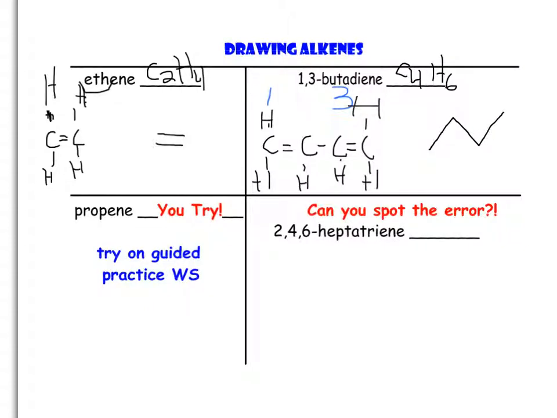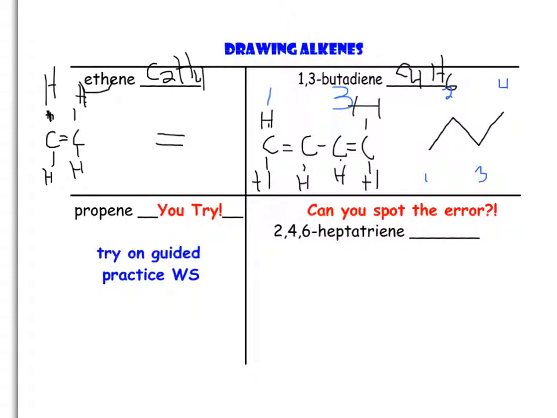Or we can draw the skeleton formula, or skeleton structure, sorry, and it would look like 1 carbon, 2, 3, 4. And now the way that we draw double bonds is just by adding another line in there. And again, we want to make sure we draw on the correct carbons. So if we do this, we have our carbons 1, 2, 3, 4, and I'll just label these so maybe you can see them a little better.